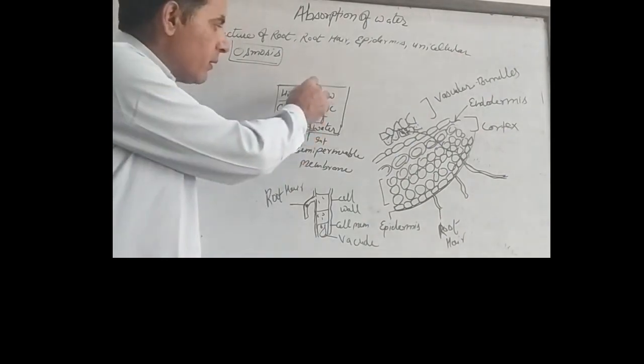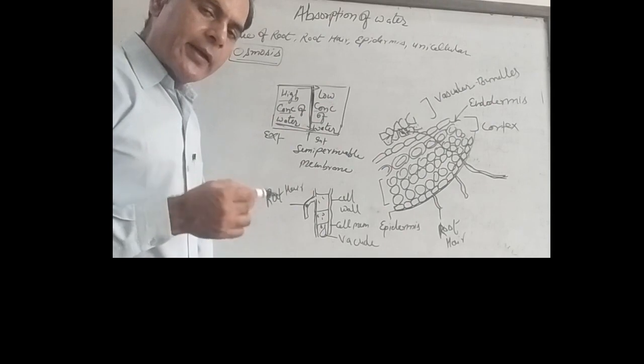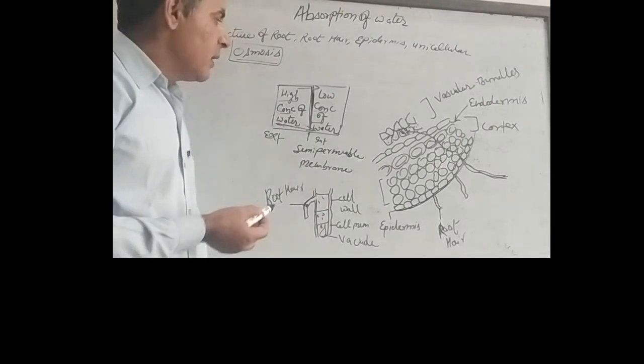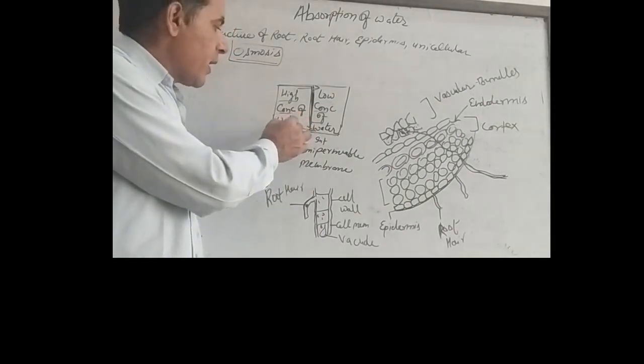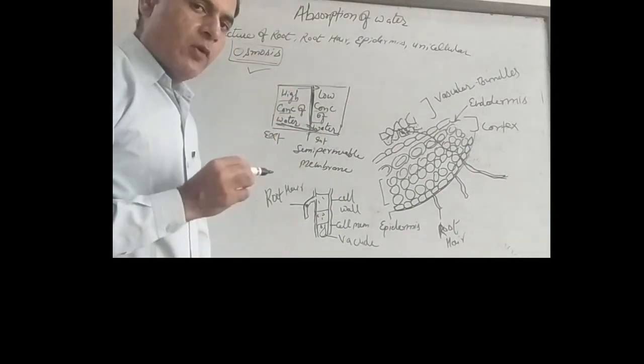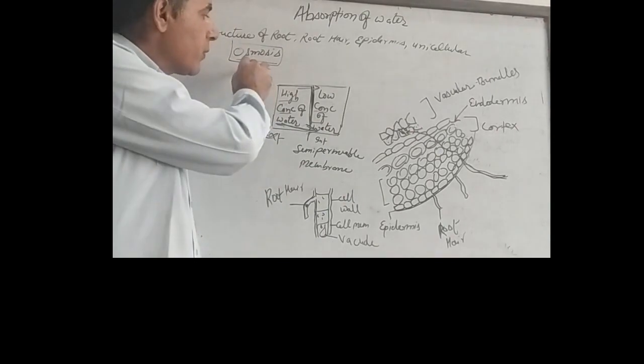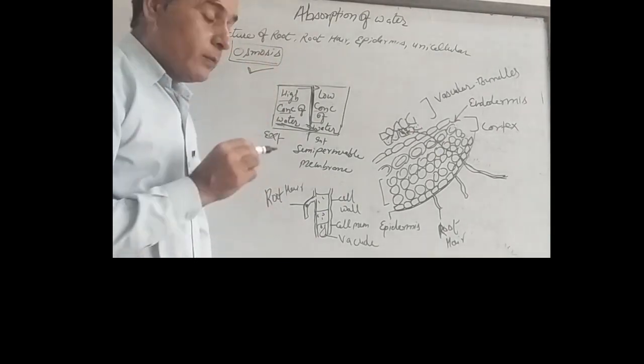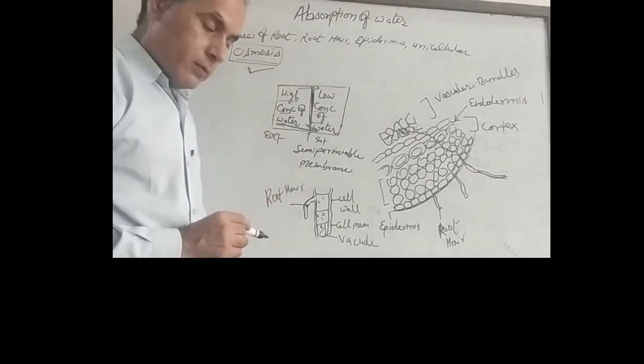But inside the cell, the water content is less concentrated. So water will move from high concentration to low concentration. It is osmosis. So water will move into the cell by the process of osmosis in the root hairs.